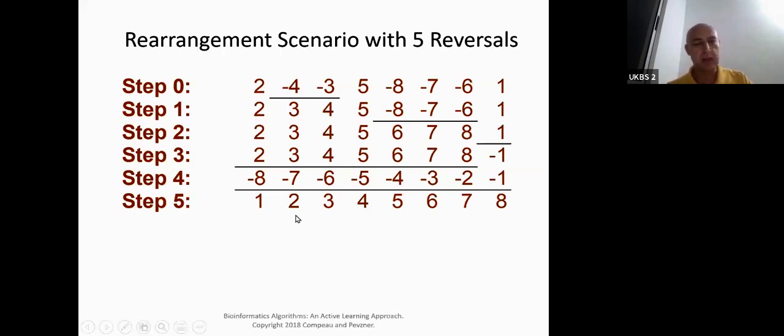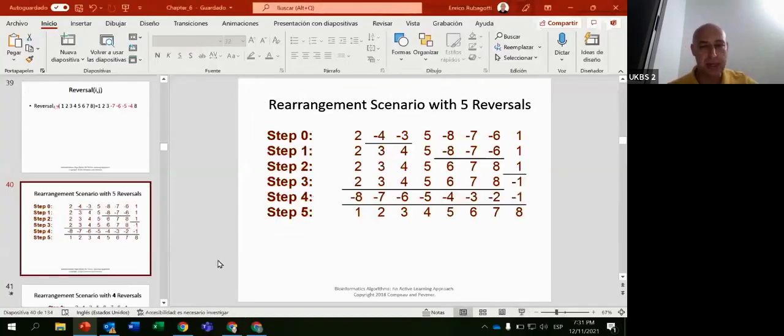This is the first rearrangement scenario.